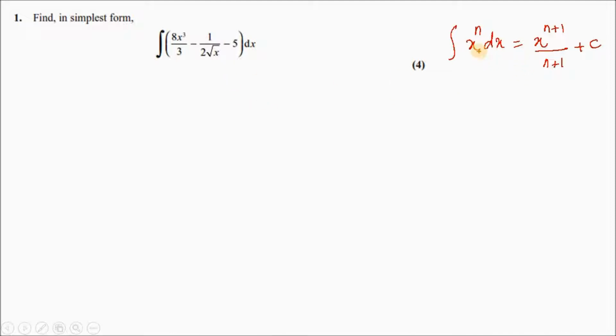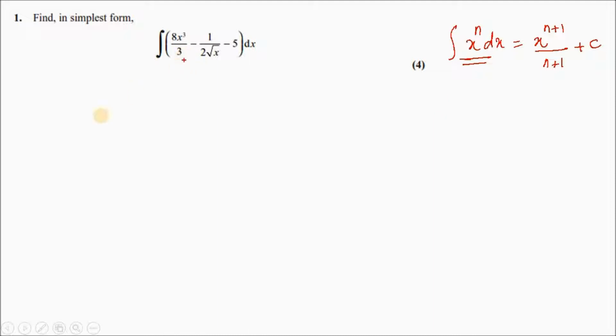So we need to apply this approach to each and individual term. We have three terms here, but remember, we cannot integrate if some variable is in the denominator at this stage. That means we cannot integrate this root x which is in the denominator. So before applying the integration formula, we will have to send this root x to the numerator.